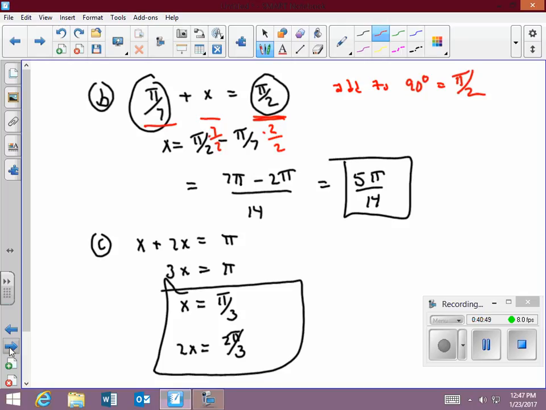And then this problem was supplements. So they add to 180, and that's 180 degrees. Supplements. This is complements.